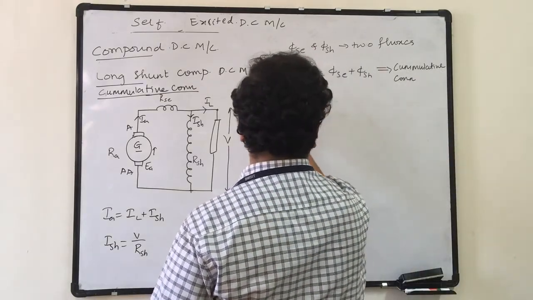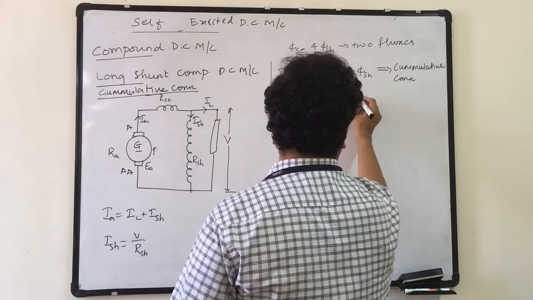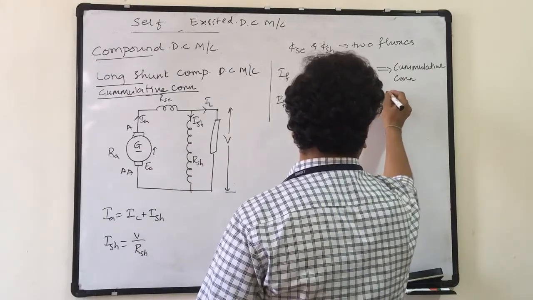If the total flux phi is equal to phi SC minus phi SH, it is a differential connection.